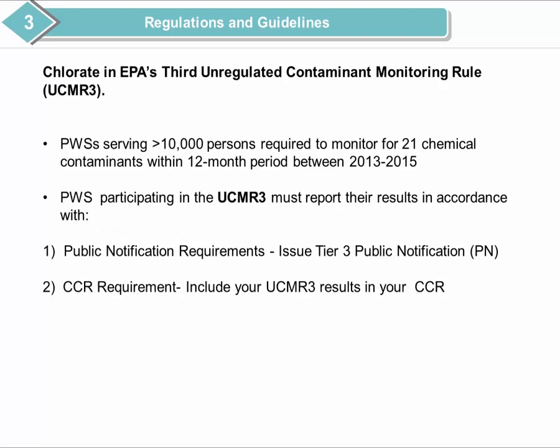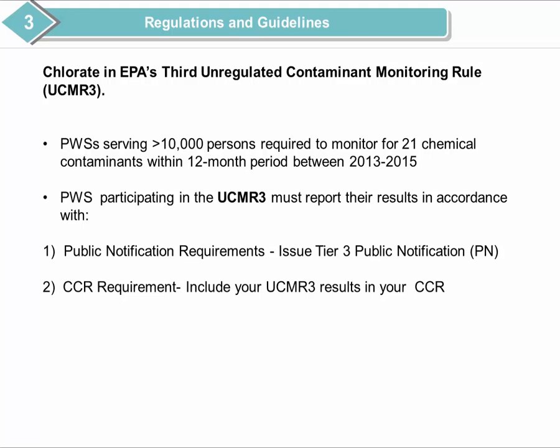The EPA included chlorate in its third unregulated contaminant monitoring rule, UCMR3. The UCMR3 required all public water systems serving more than 10,000 persons to conduct assessment monitoring for 21 chemical contaminants, including chlorate, within a 12-month period between 2013 and 2015.